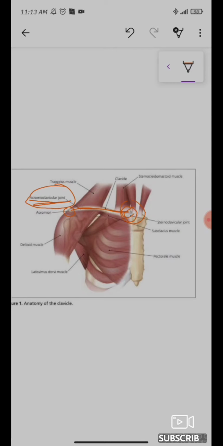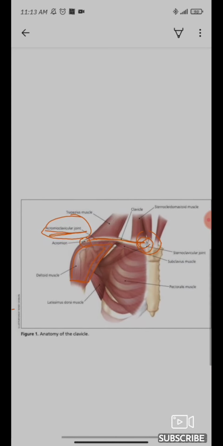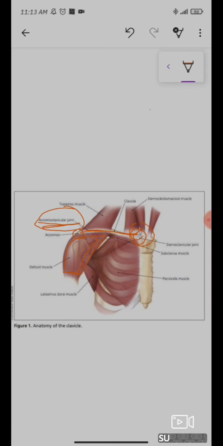It attaches to the sternum to form the sternoclavicular joint. Here, the anterior part of lateral 1/3 provides origin to deltoid fibers.